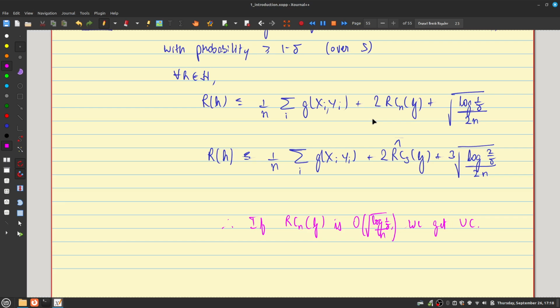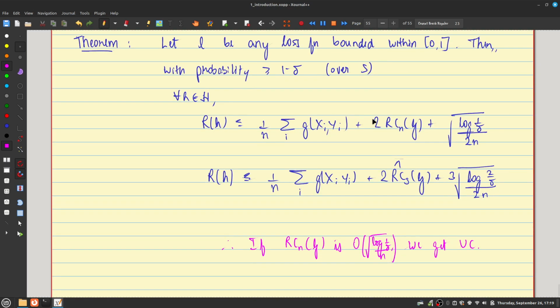So if I am somehow able to connect the VC dimension with Rademacher complexity, then I'm done. But first, I'll of course need to show that this statement is true. That the Rademacher complexity essentially gives me a tight bound on the generalization error.